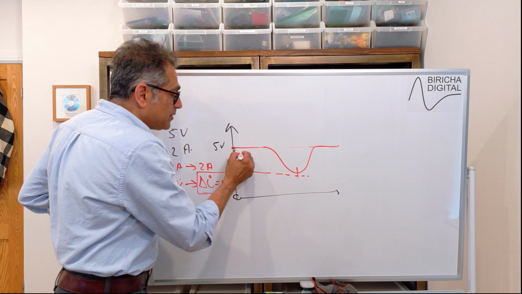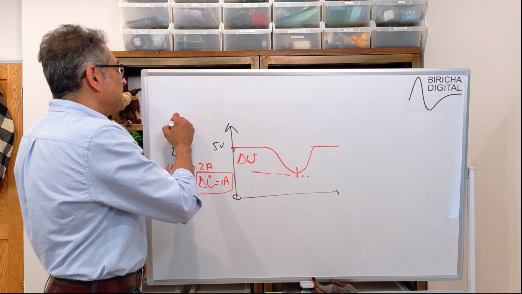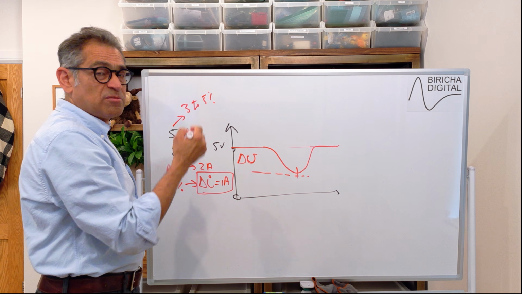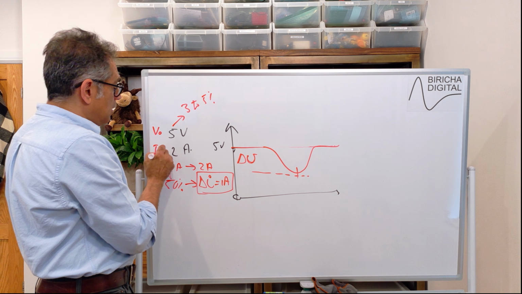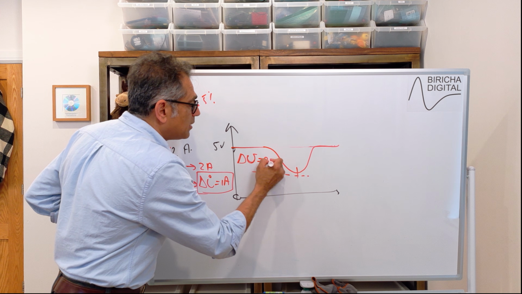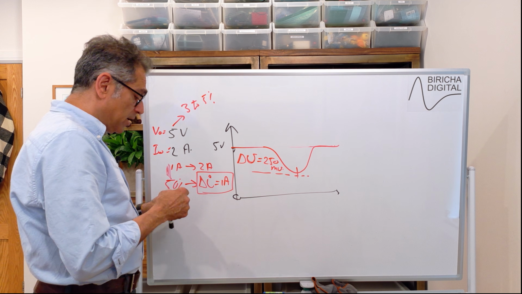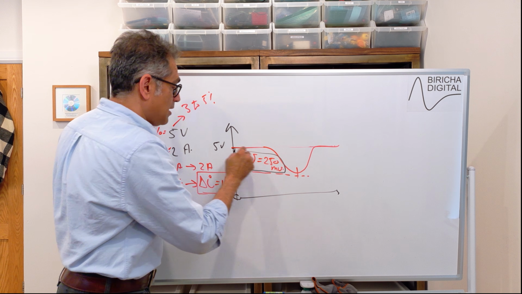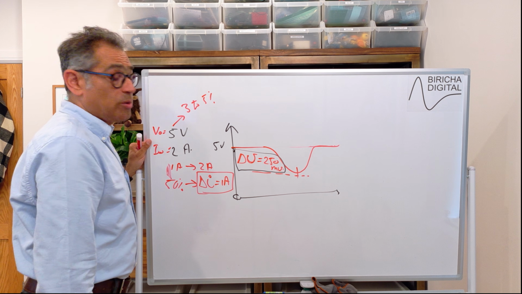Again, this dip, delta V, is often given, but if it's not, somewhere between 3 to 5% of V out is not a bad number. So my V out is 5 volts. 5% of that will give me 250 millivolts. So I've got a second number that I can use in order to size this output capacitor. I've got a current step of 1 amp and a voltage dip of 250 millivolts.